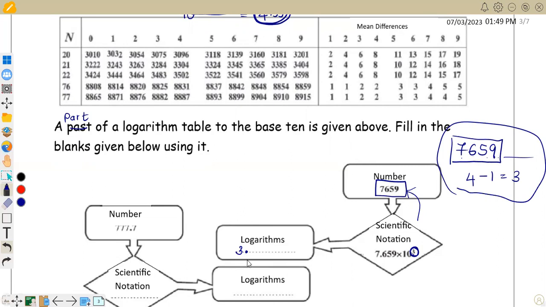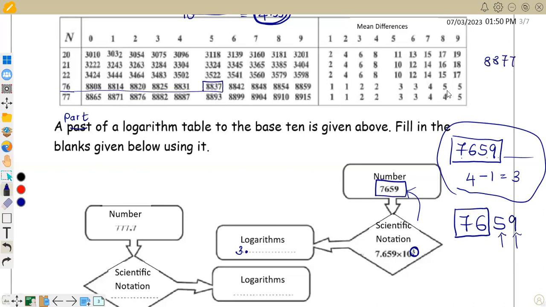Then the mantissa. To obtain the mantissa, first of all, you have to take the first 2 digits as the first number. Then here is the column that you have to consider. This is the column in the mean difference you have to consider. Then 76. Then the fifth column of 76 is 8837.